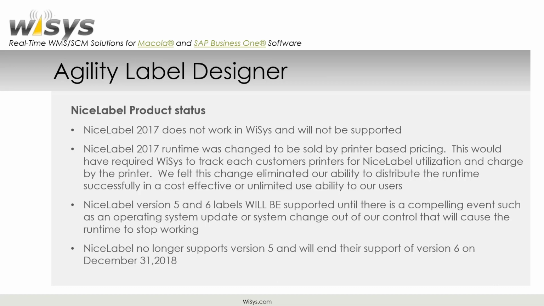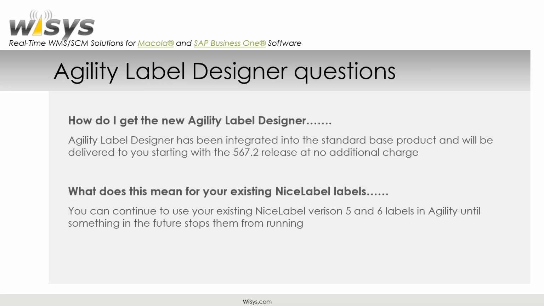So it's available and it's supported until there's something that stops it from running, which is out of our control and we can't do anything with. And the reason being for that is that NiceLabel doesn't support version 5 anymore. And at the end of this year, they won't be supporting version 6 any longer. So if something happens there, we really won't be able to get any support on that either.